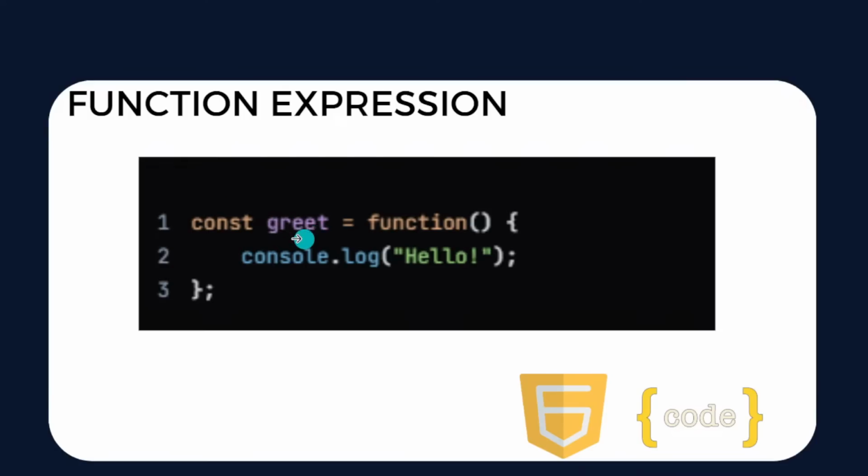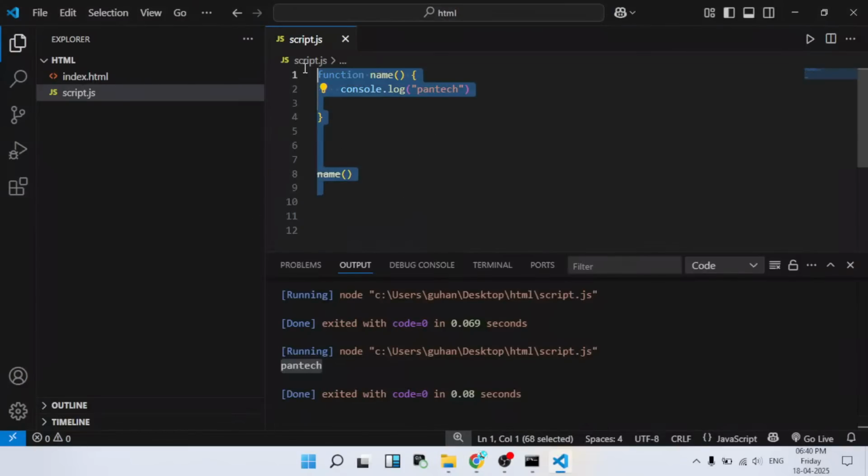I just mention the const variable and save the function, just mention it without the name of the function. I just mention function, and in the function we just print hello here. When we call the function using the variable name, I will explain.